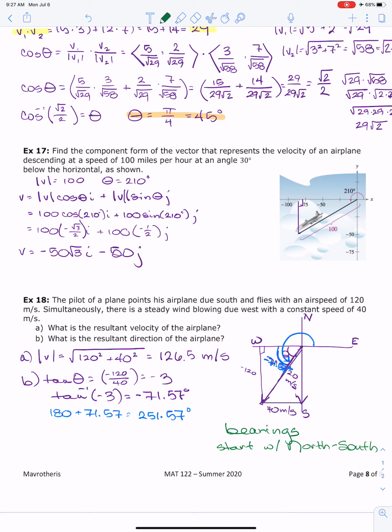And I want to take a look at how many degrees off my vertical axis I am. So when I talk about bearings in terms of this problem, I'm going to start with south because I have moved south from the origin. And then I want the number of degrees away from the axis. So now I'm looking for this angle when we talk about bearings.